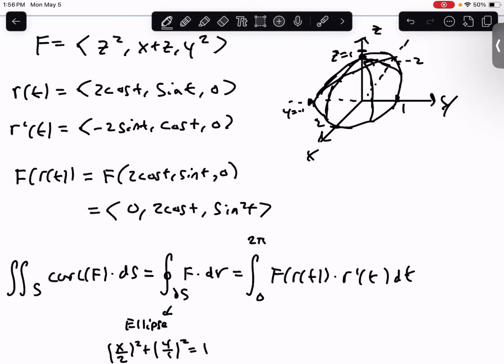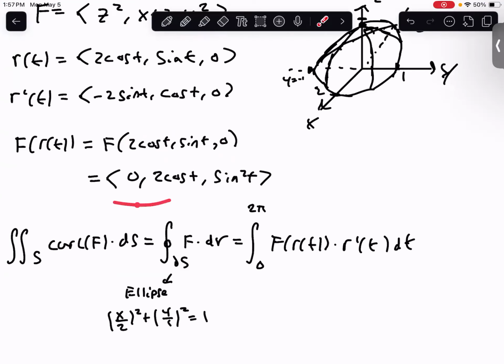So all that's left now is you just take this vector and dot it with r prime of t. You can see we're going to have 0 times minus 2 sine t plus 0 times sine squared. So all that's going to remain is 2 cosine of t times cosine of t.